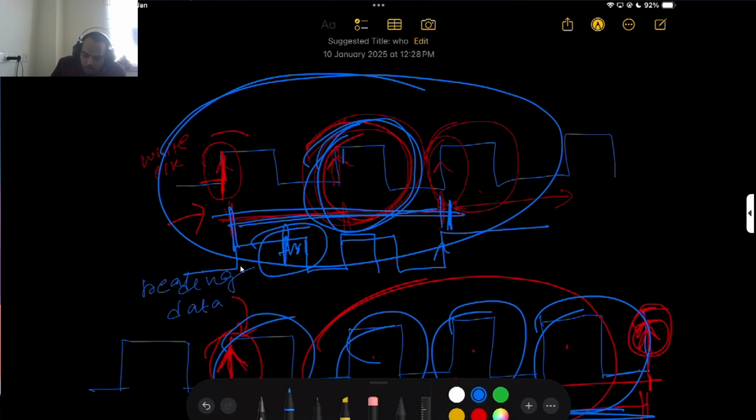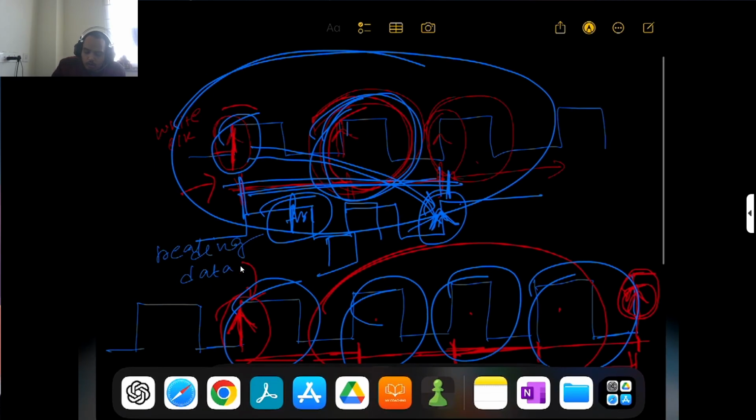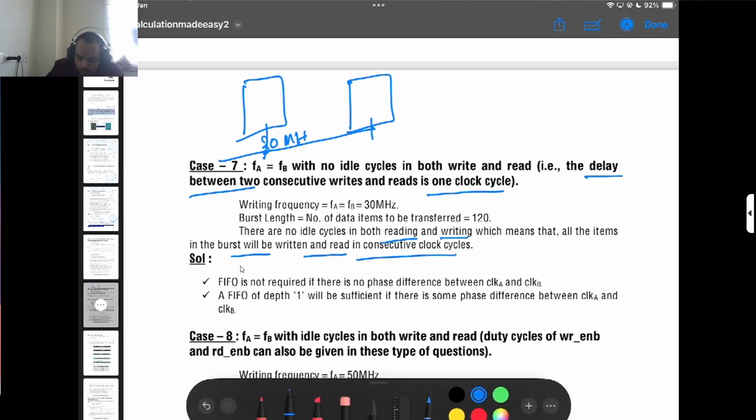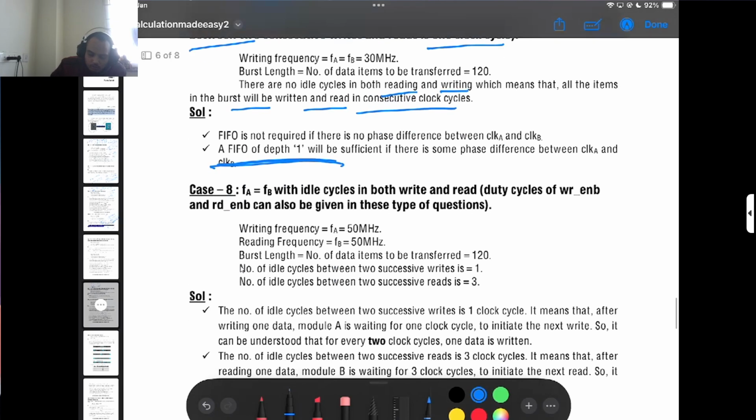So here I want to capture the read data. Only from here to here I need to capture data, so only one flip flop is required to hold this data. Okay, this will take a little bit of time, so one flip flop, FIFO depth of one is enough. So FIFO depth one will be sufficient.